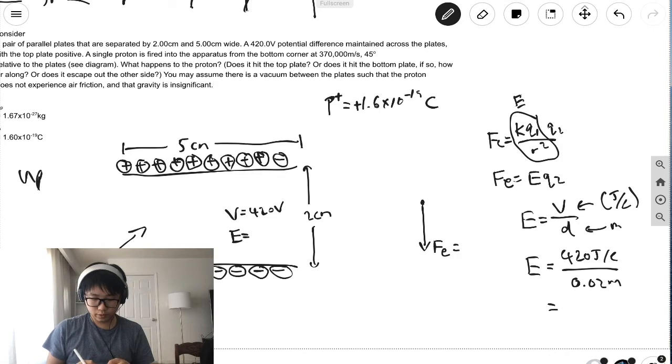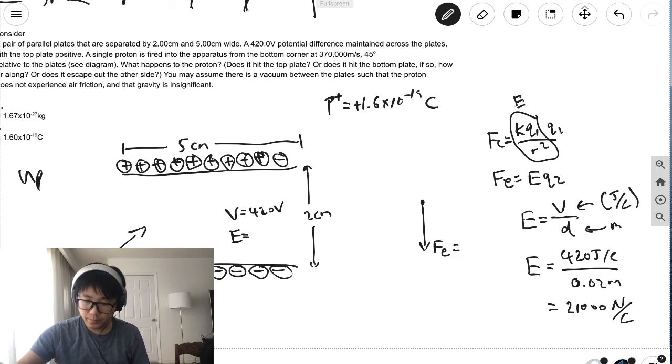So 420 divided by 0.02 gives us 21,000. And what's electric field measured in? It will be newtons per coulomb. Got that? Okay, newtons per coulomb.